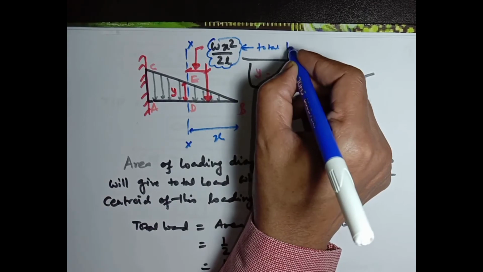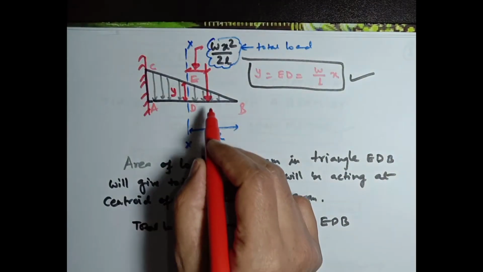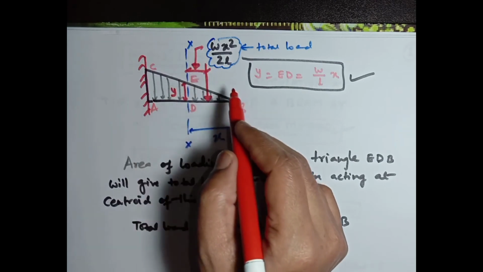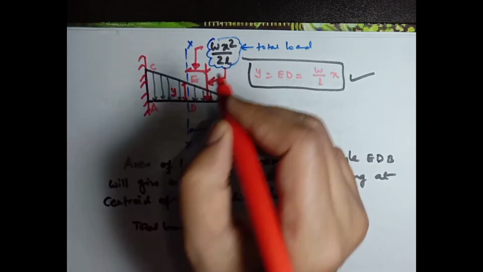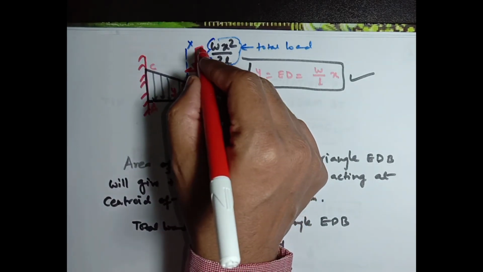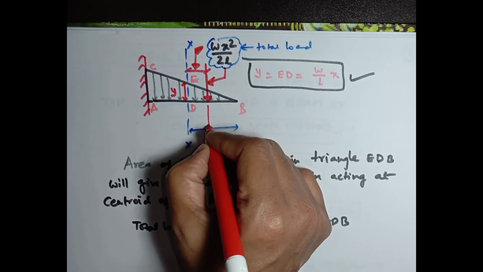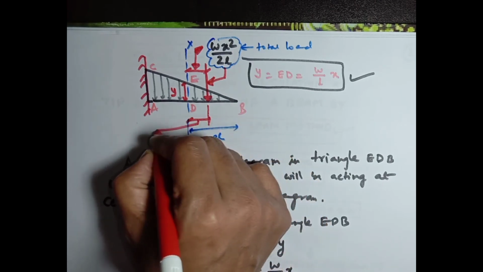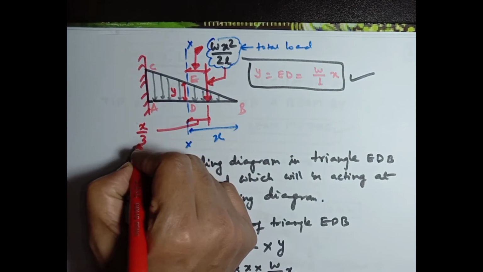This total load is acting at the centroid, which is at x divided by 3.